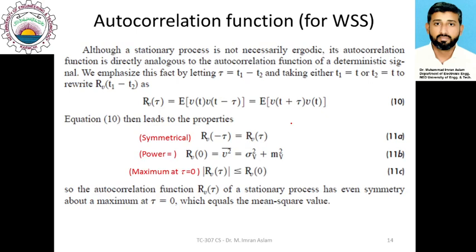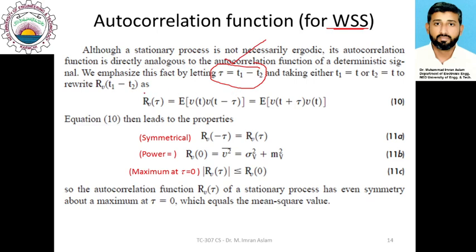So far we have talked about the parameters, mean and autocorrelation function. If we discuss the autocorrelation function for WSS processes, we have noticed that it can be represented in terms of time delay, which is the difference between two times t1 and t2.